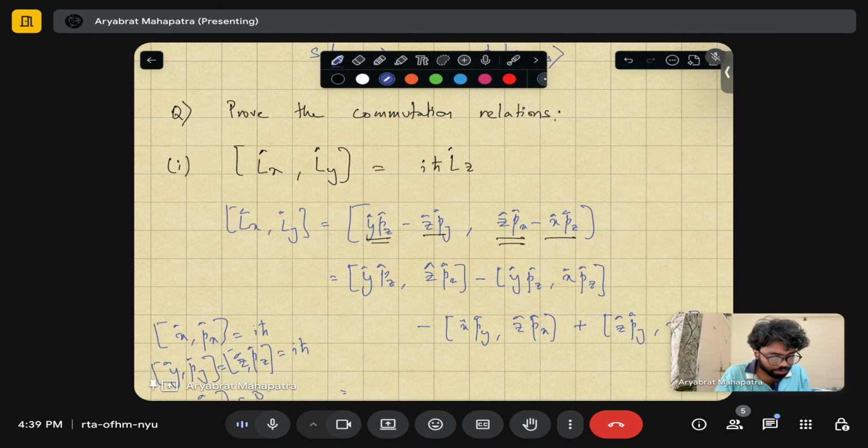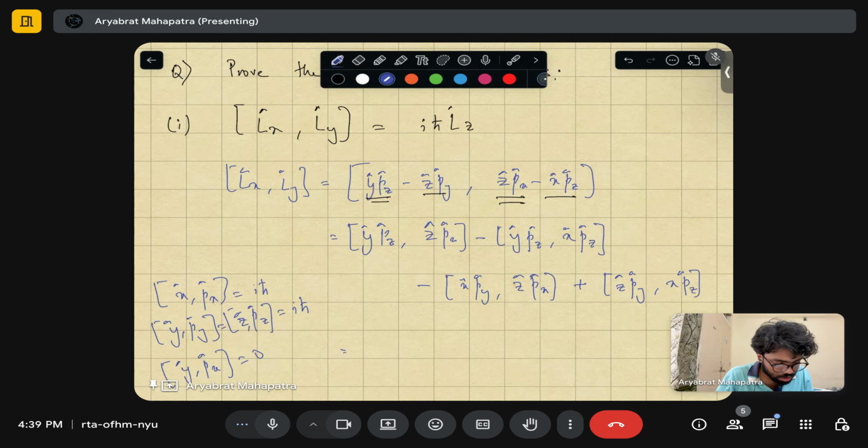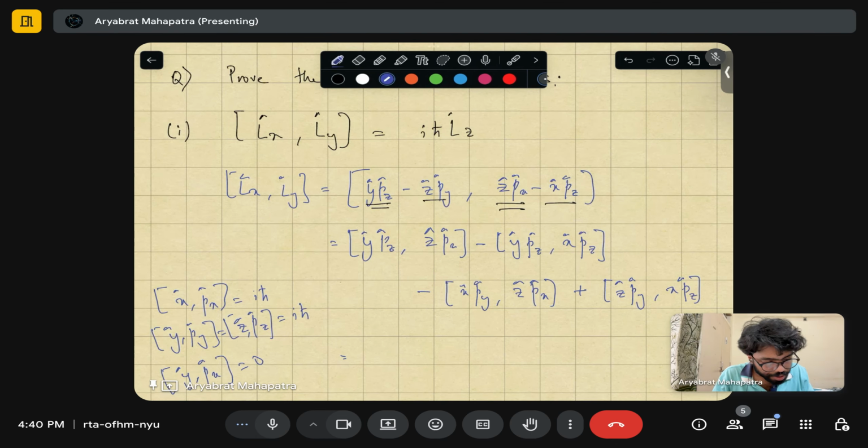If you see in the first term you have pz and z, and then similarly there is y px. Also in this case you have x and px.